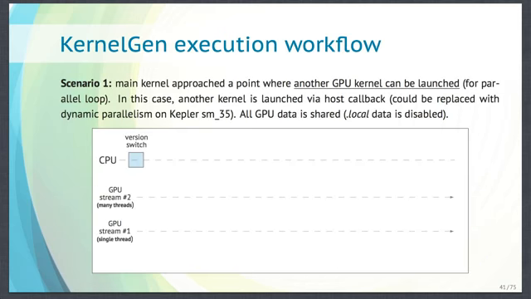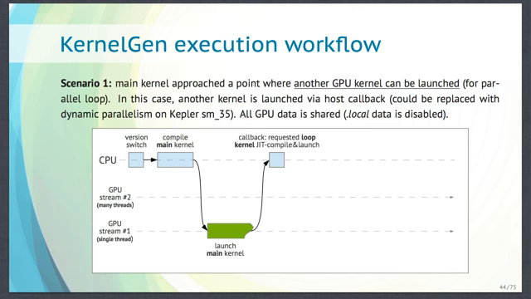Now if we rotate this scheme by 90 degrees, every application in the case of KernelGen starts with some kind of version switch. Then we compile the main kernel and launch it on the GPU.